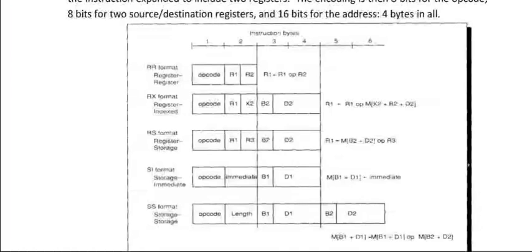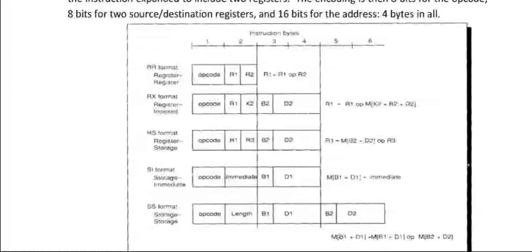Here in the fourth type of format, the storage immediate format, you have 8 bits for opcode, but you don't have 2 registers because it is an immediate instruction. So the immediate field itself occupies 8 bits, followed by the base and destination of 8 bits each, accounting to 4 bytes of total memory.